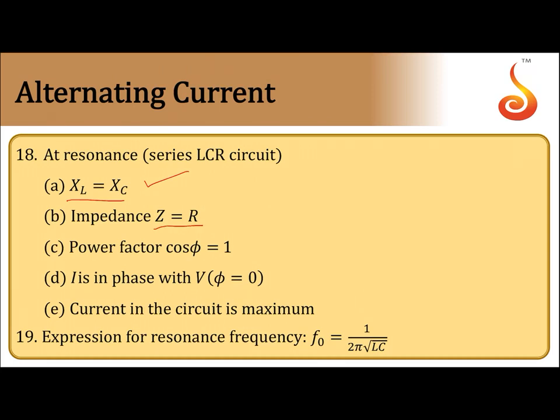At resonance, impedance will be minimum, that is equal to R. So XL will be equal to XC. Then power factor will be maximum, that is equal to 1. Current and voltage will be in phase, so the circuit acts as a pure resistive circuit. The current in the circuit is maximum, so power delivered is maximum.